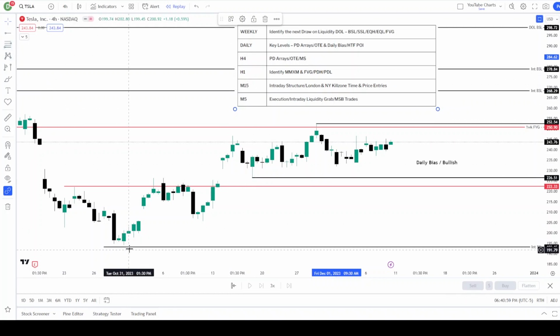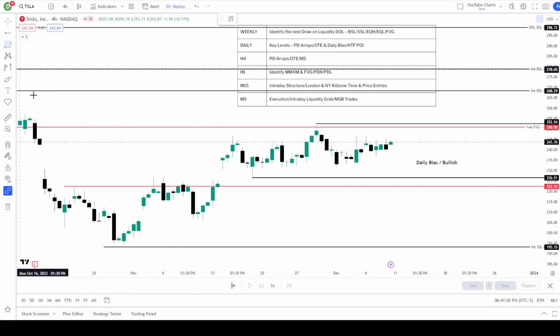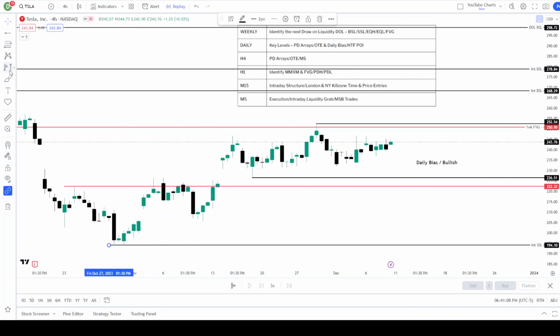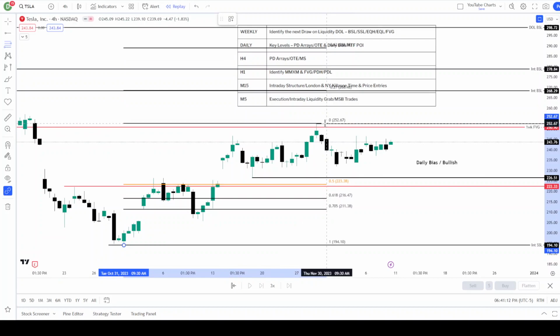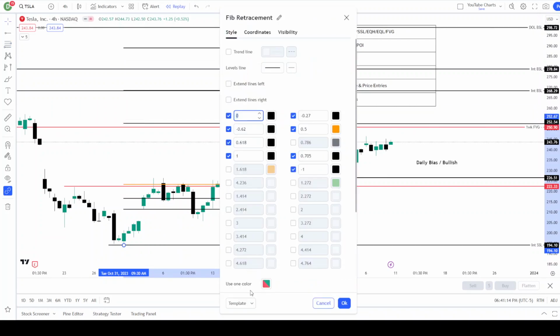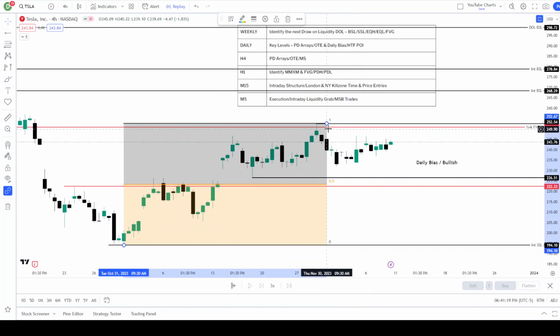Let's measure our most recent premium discount range on this time frame. Let's also move that because it looks like it didn't quite get in the right spot. All right, so let's look at this move to this move, and then we're going to lock in again our premium discount range here, and then we'll see where we are at in that cycle.